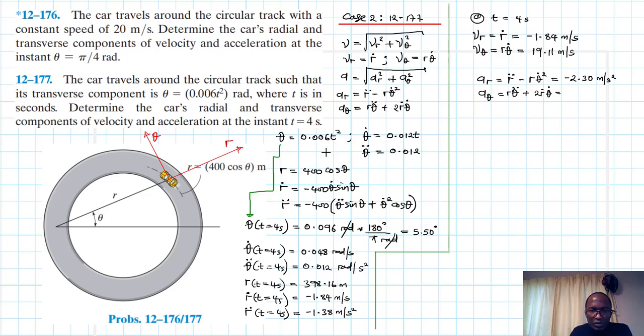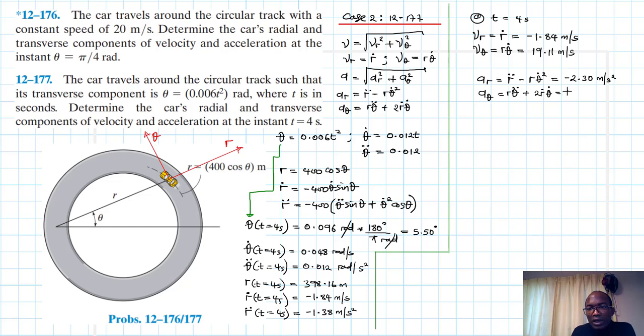This is just going to be equal to r, which is 398.16, by theta double dot, which is 0.012, plus 2 times r dot, which is minus 1.84, then times theta dot, which is 0.048.